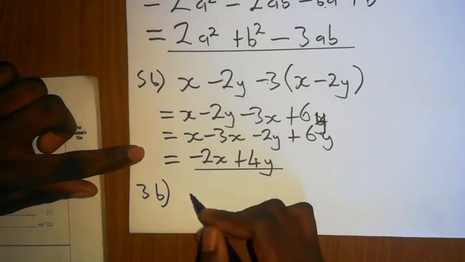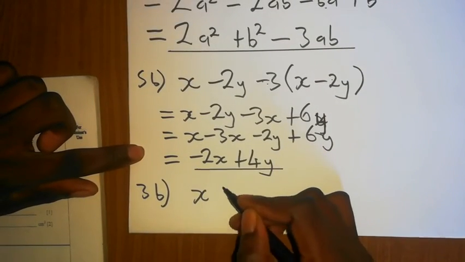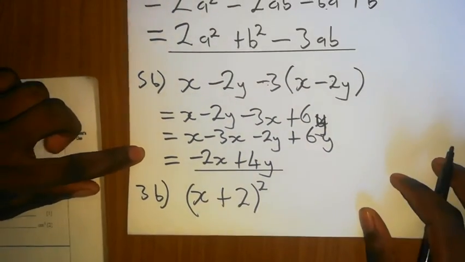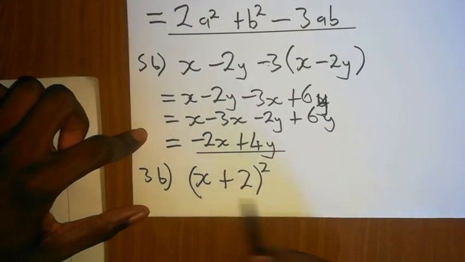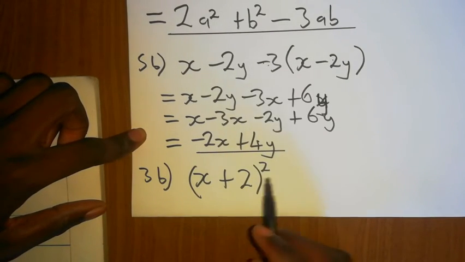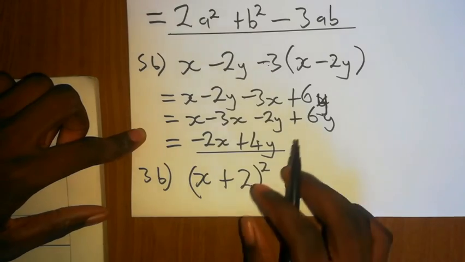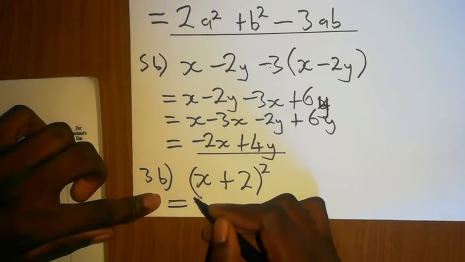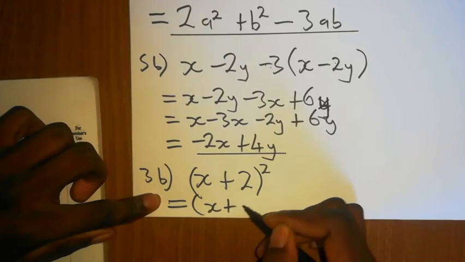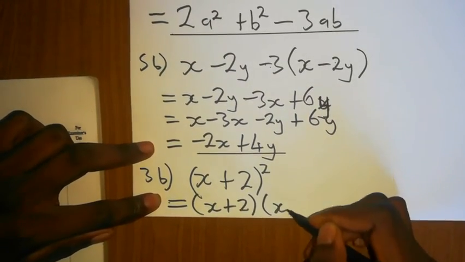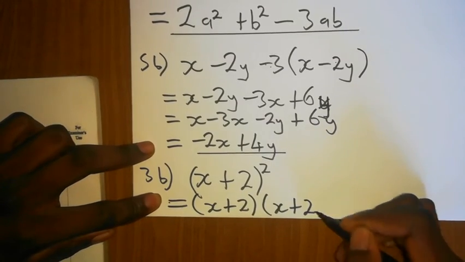So in this case, it's x plus 2 squared. Earlier on, I think I showed you how to go about a bracket that appears like that. We open this bracket twice, so it's going to be equal to x plus 2 times x plus 2.